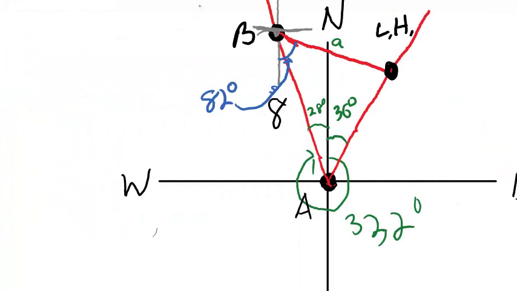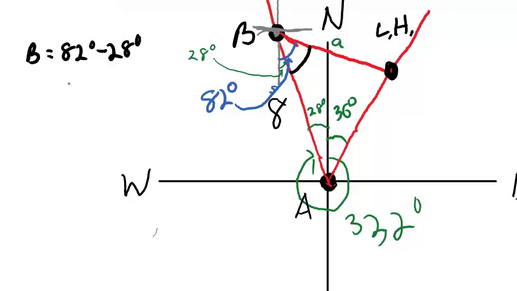So that angle right there is 28 degrees. Which makes this angle what? 82 minus 28. So angle B is 82 minus 28. What's that? 54.